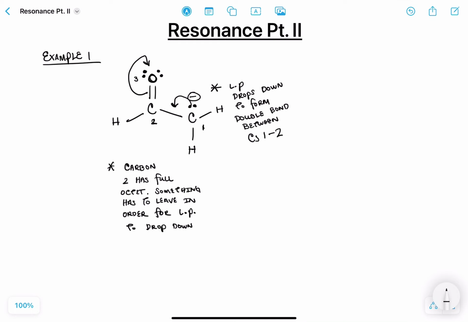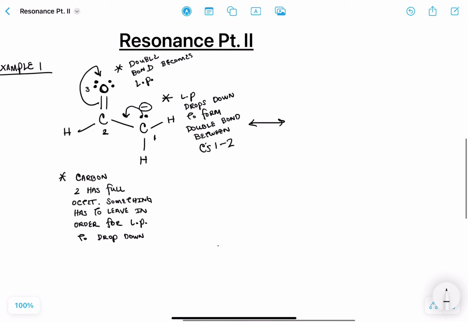And the second thing that happens is the double bond becomes a lone pair. Okay, and so I'm going to draw the resonance arrow over and to the new structure, and it's going to look like this.